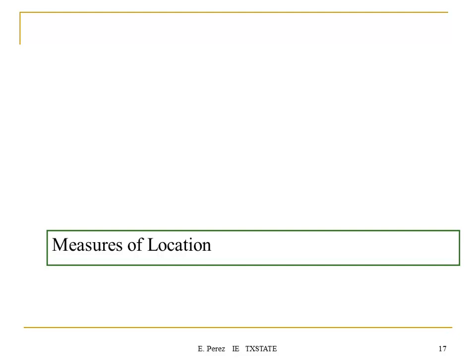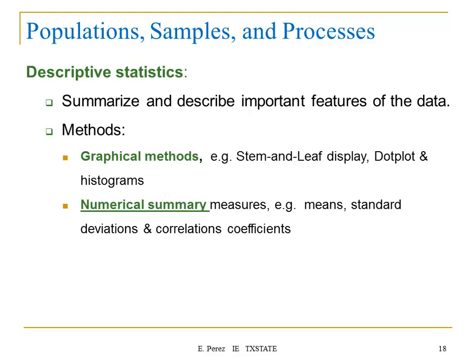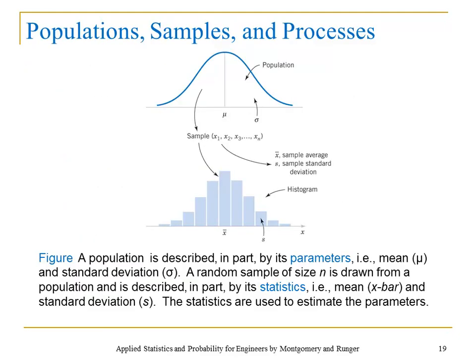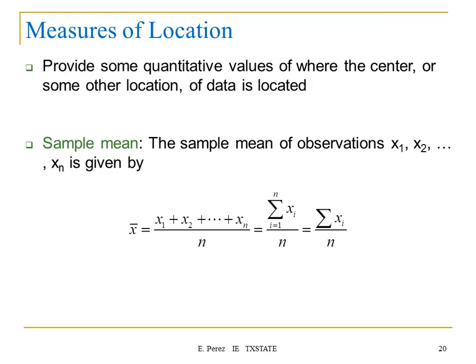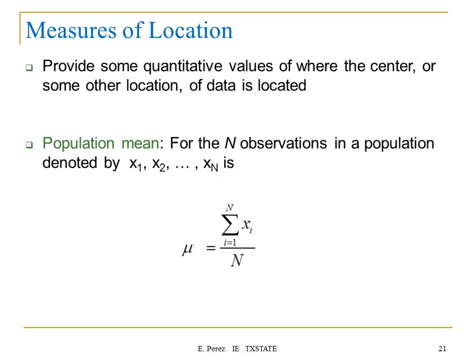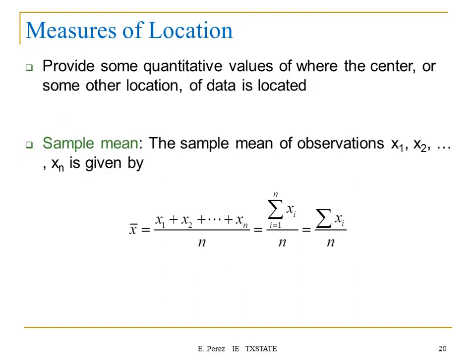And the last part of the lecture on Wednesday was basically to show you how to compute some measures of location. So we talked about the sample mean and the difference between the population mean and the sample mean. So you remember the population takes into account all the units, all the objects, while the sample takes into account a group of the population.